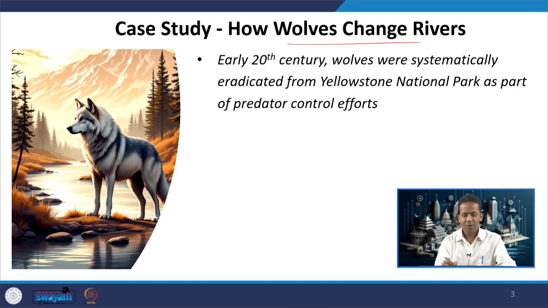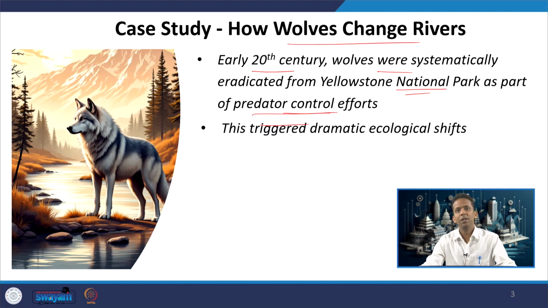So, early 20th century, Yellowstone National Park, it is one of the biggest national parks in the world, in the US. In the early 20th century, because of predator control efforts, the wolves were eradicated from this park. It is not like wolves were never present in Yellowstone, they were there, but as a part of predator control efforts, wolves were removed.